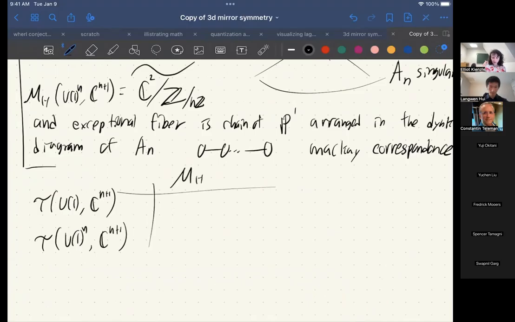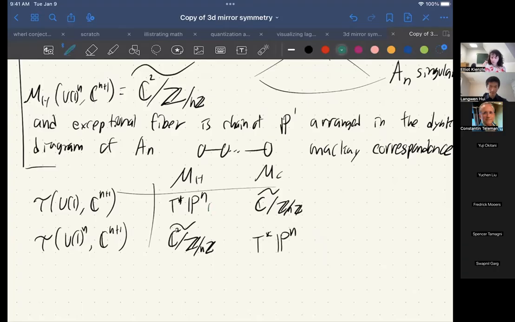The Higgs branches, I just told you what they were. One of them was T*P^n, and the other was the resolution of singularities of C^2 mod Z_n. Okay. And these get interchanged when you look at the Coulomb branch.